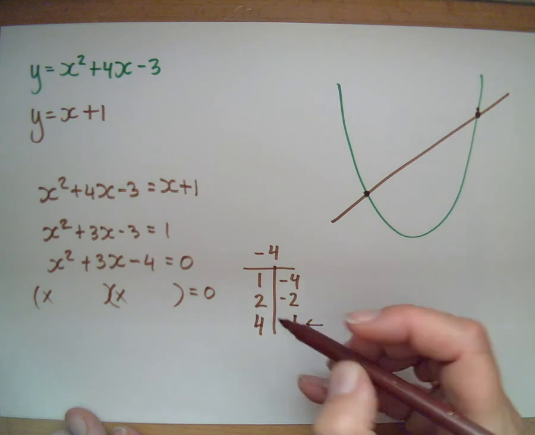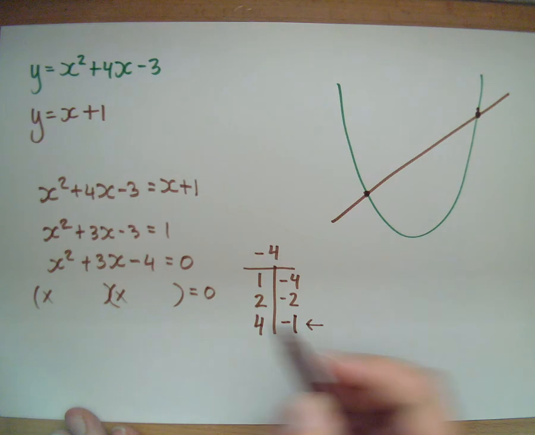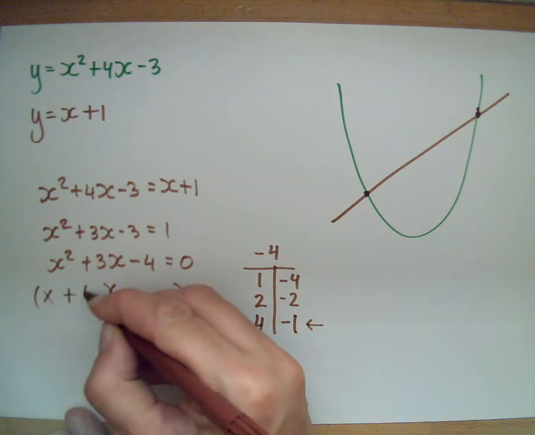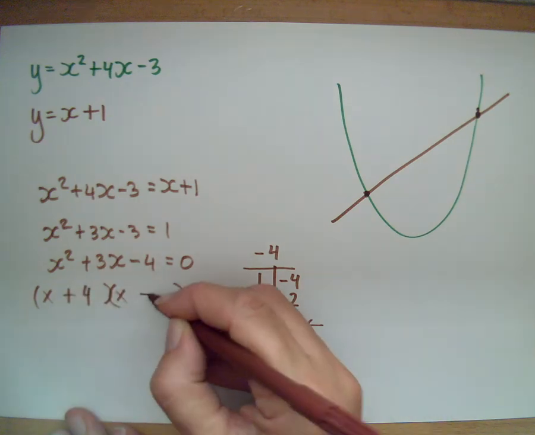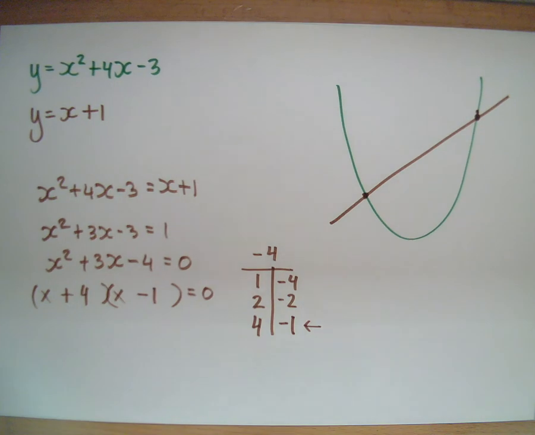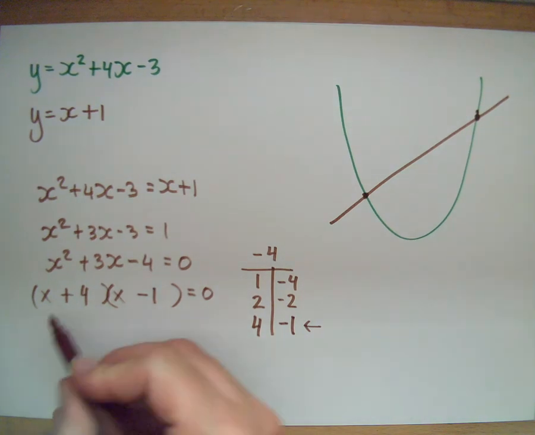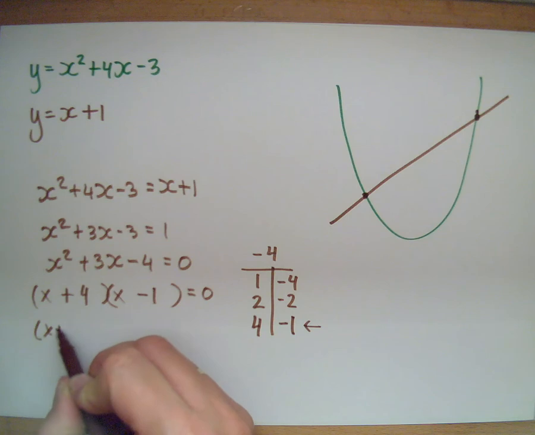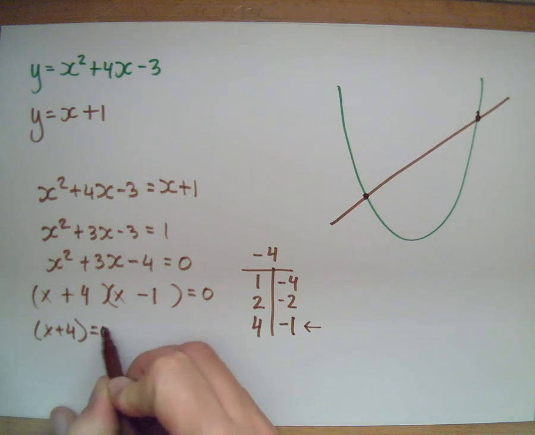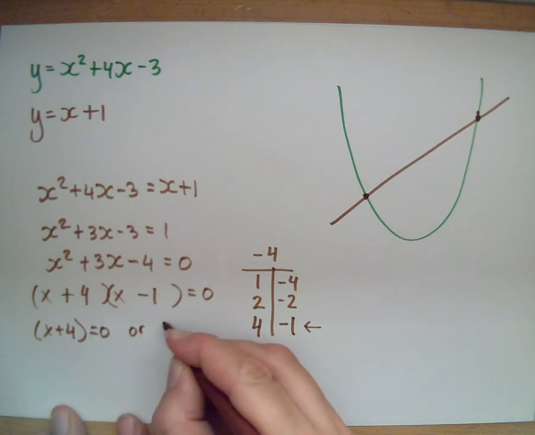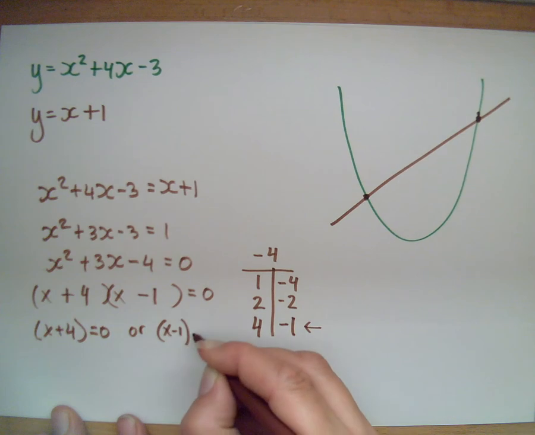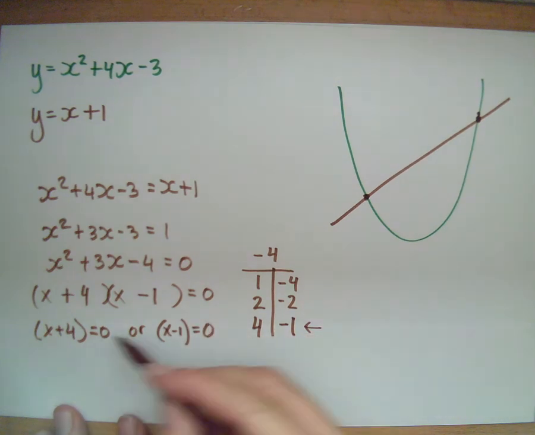This one does, because 4 plus -1 is 3, so we're going to have a +4 and a -1. Then we're going to set each of the factors equal to 0, so either x plus 4 is equal to 0, or x minus 1 is equal to 0.